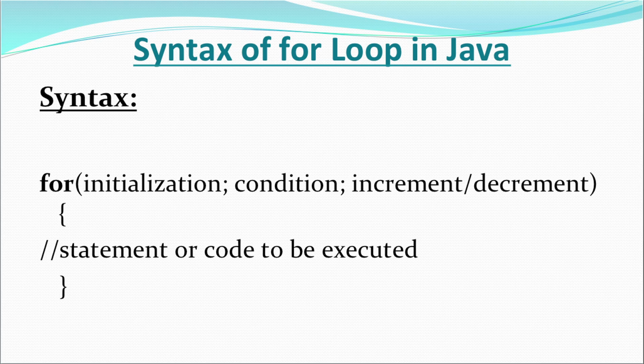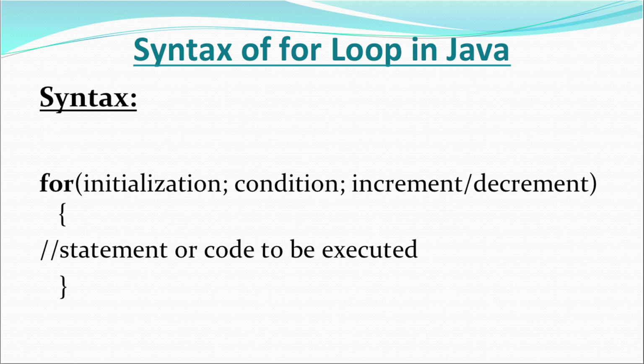So the syntax of the for loop starts with initialization. You have to initialize the variable, then you have to put a condition which will be checked every time the for loop runs. After that, incrementation or decrementation will be done.